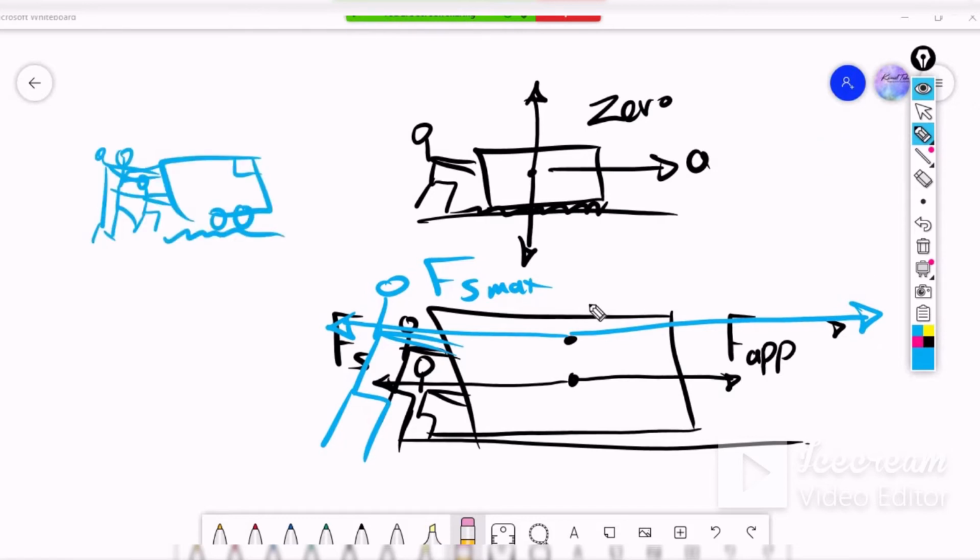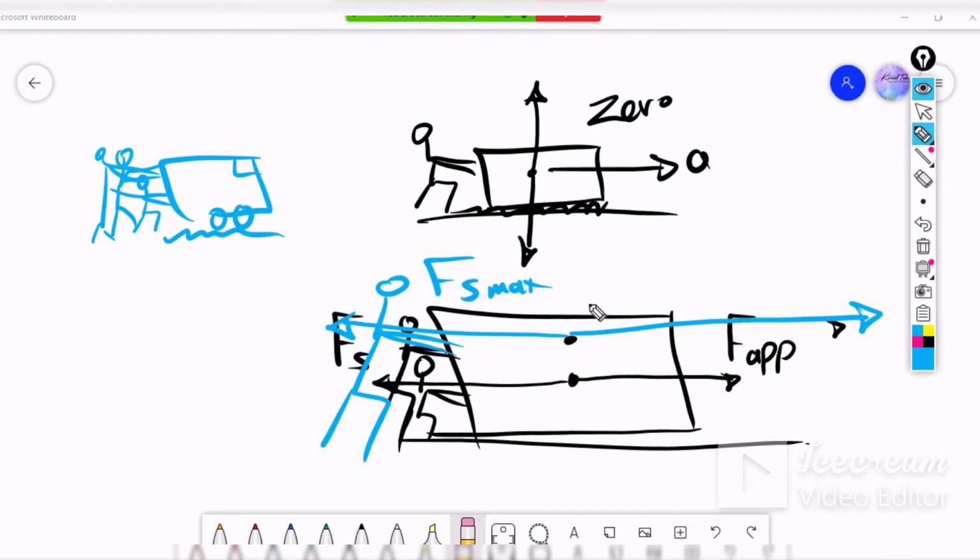As long as the object does not move, the static friction always equals the applied force. If the object is still at rest, the static friction equals the applied force. But when the object starts to move, now we have another kind of friction that is called kinetic friction.